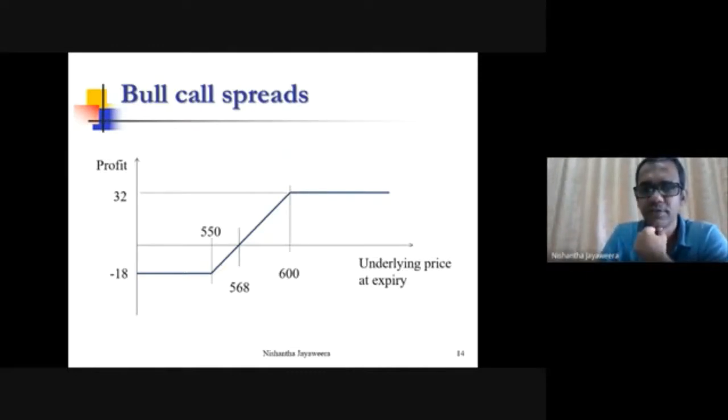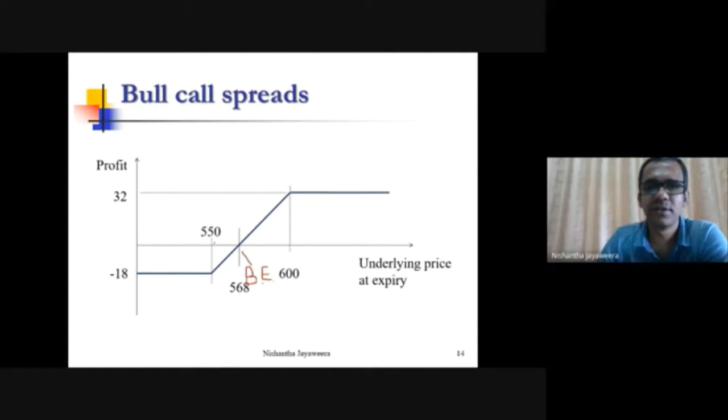So your profit will start to increase at 568. That means 550 plus that 18, you get the break-even point. Beyond that, you will increase your profit until the price reaches 600.